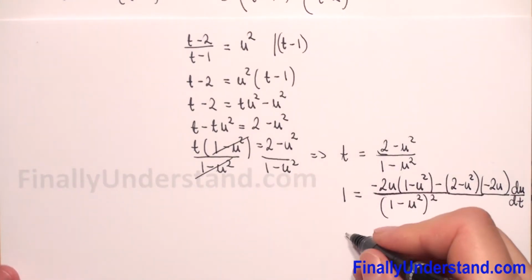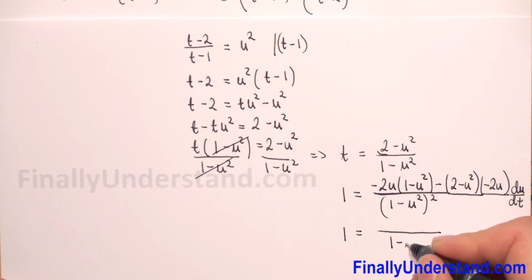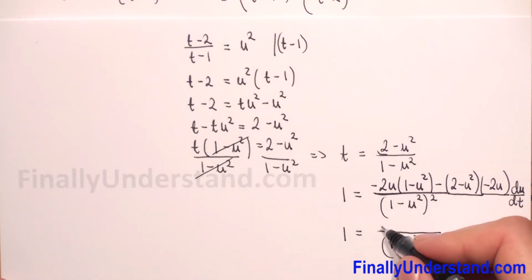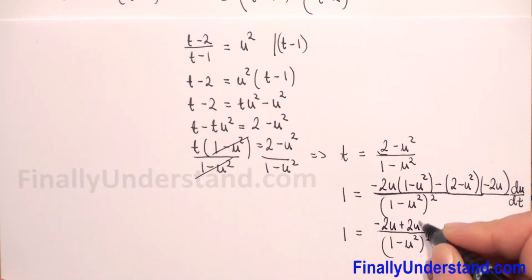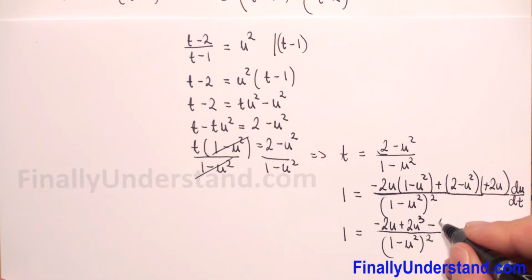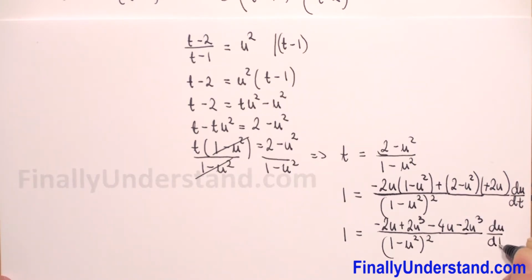So we have that 1 is equal to, the denominator we have to copy, and we have to do multiplication, so it will be negative 2u plus 2u cube minus, and minus we can reduce to positive, so it will be 4u minus 2u cube, du over dt.